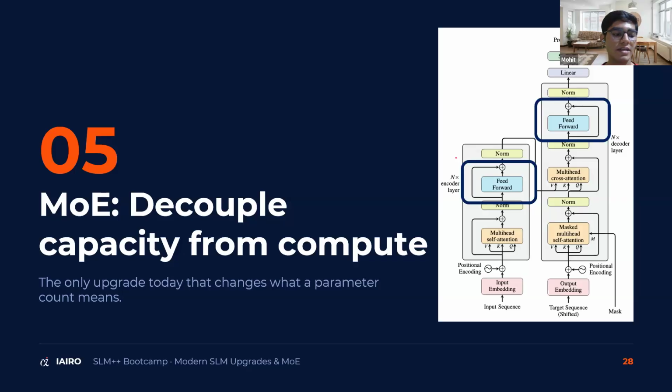We do not want to waste all of our compute in the model by looking at a single token. Whenever I'm saying single token, I am always referring to a single multi-head self attention mechanism.